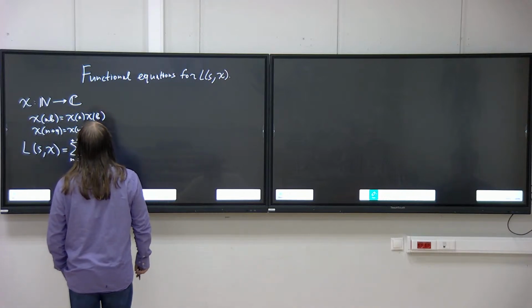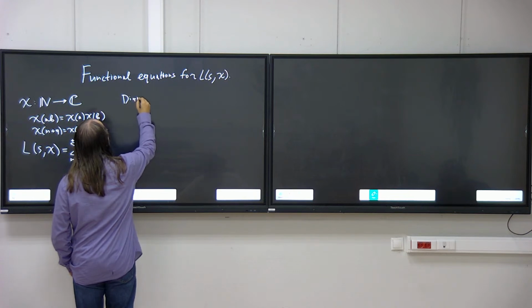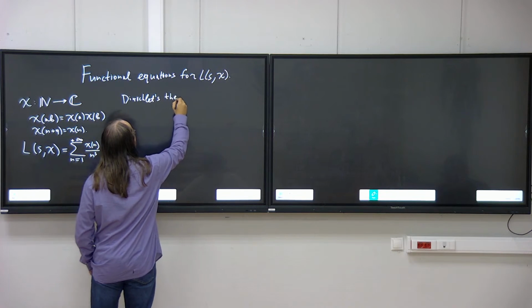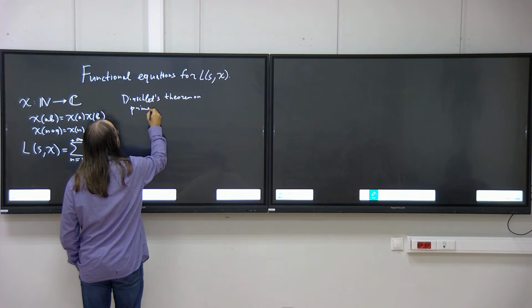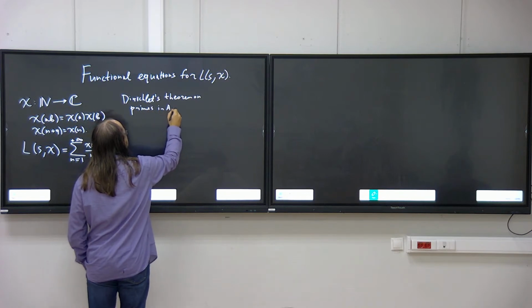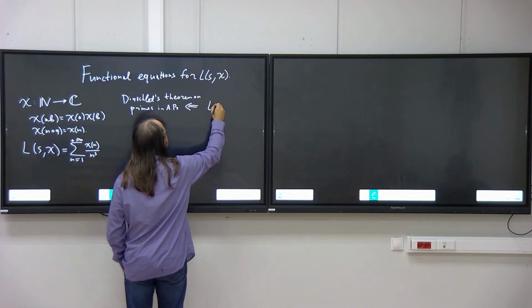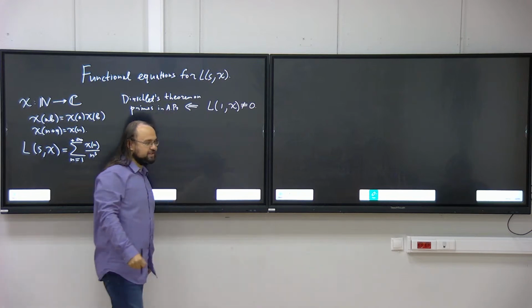Namely, we established that Dirichlet's theorem on primes in arithmetic progressions follows from the relation L(1, chi) is not equal to 0.